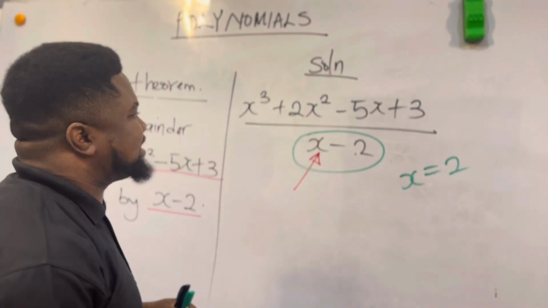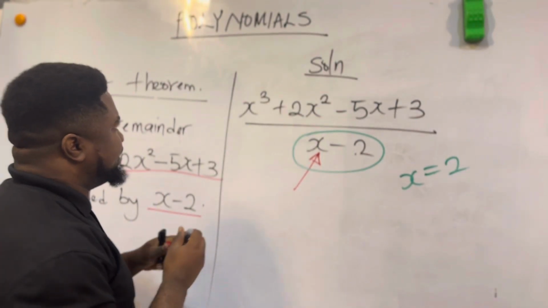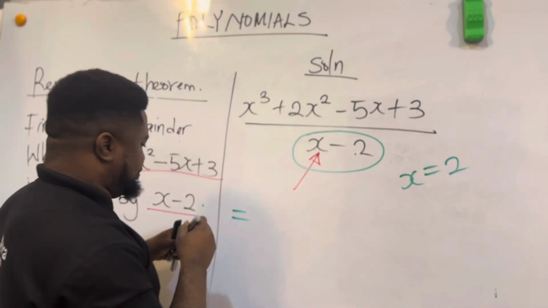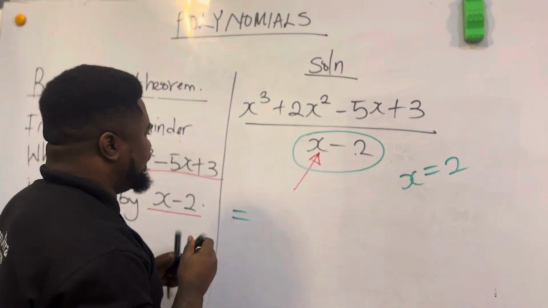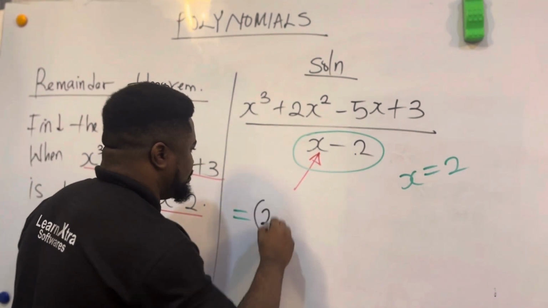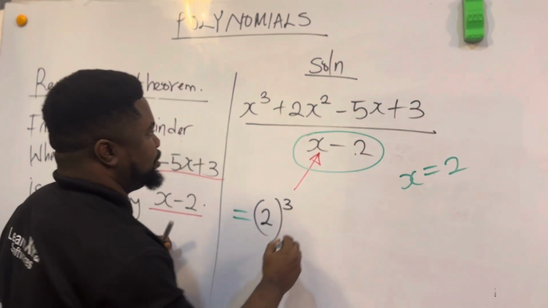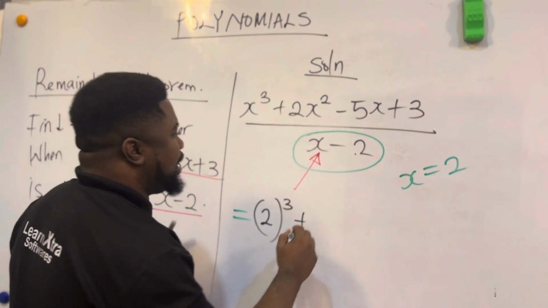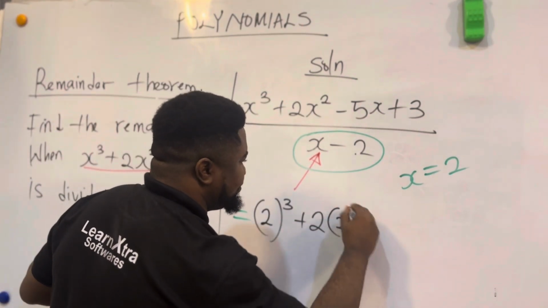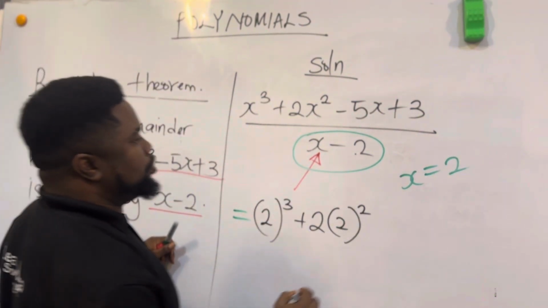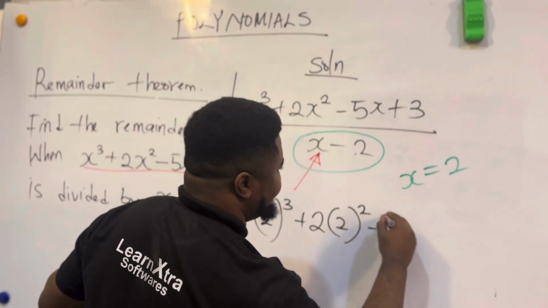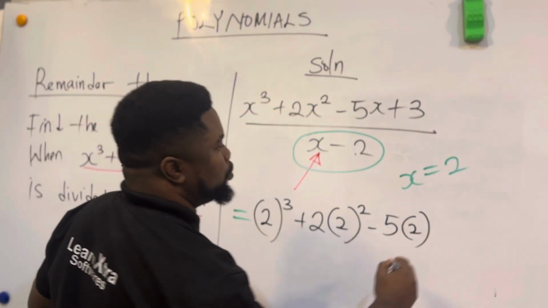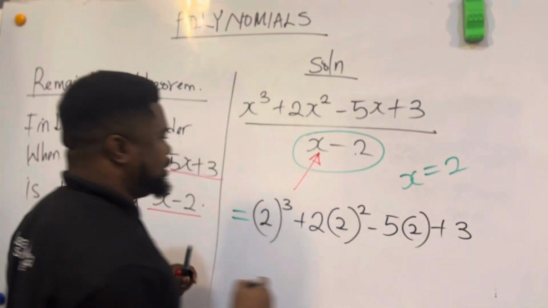So when I put x as 2, I'll have 2 power 3 plus, I'm putting all the x as 2, 2 again power 2 minus 5 into 2 plus 3.